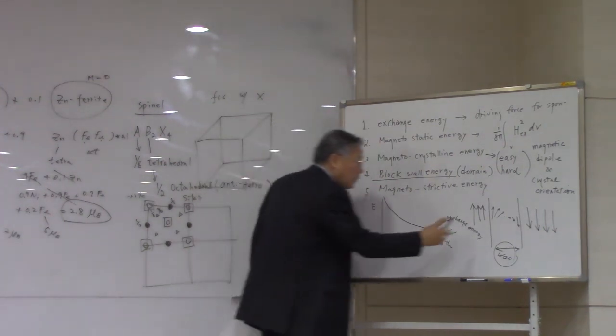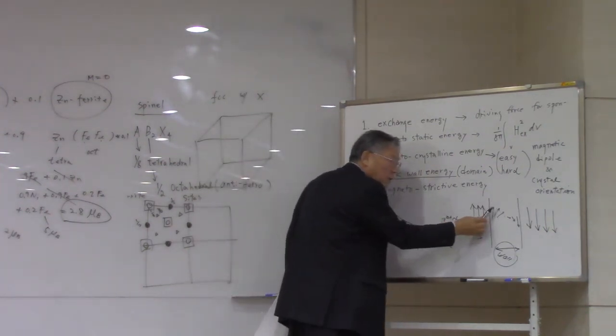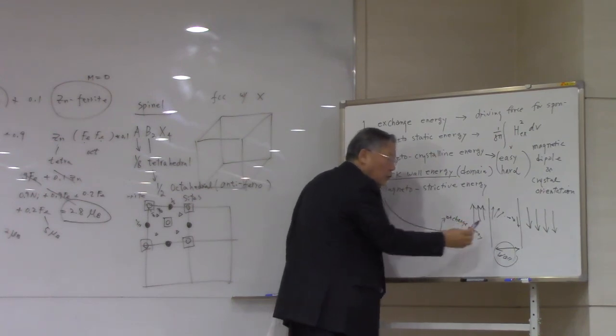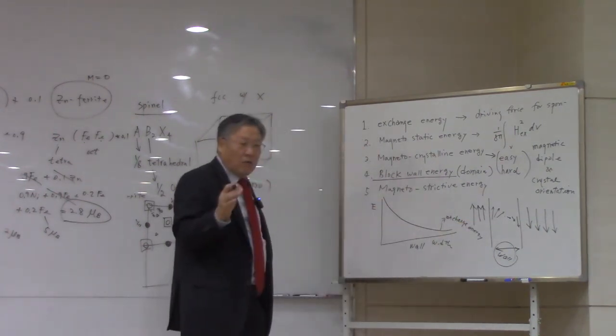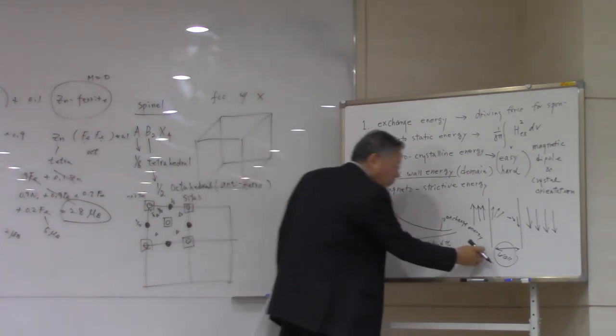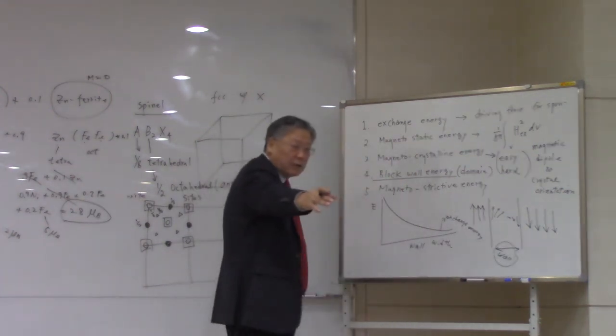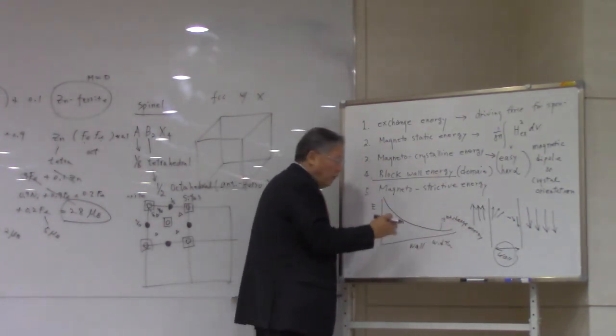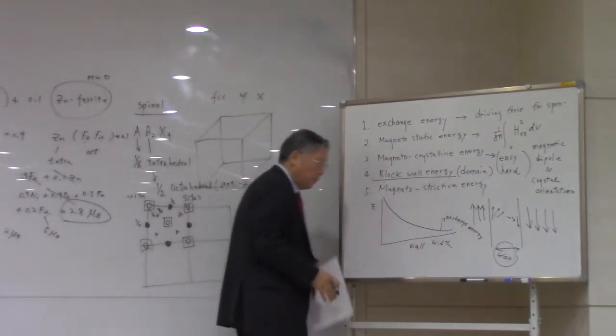Why? Because the misorientation between the nearest neighbors is going to be slow if we have a big domain wall, and then the exchange energy itself can be lowered.